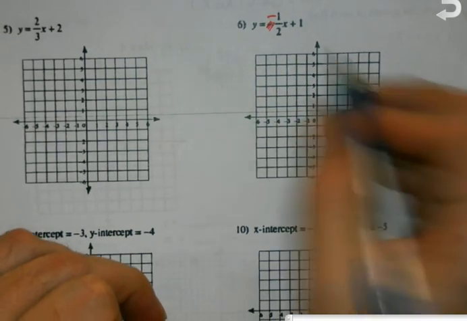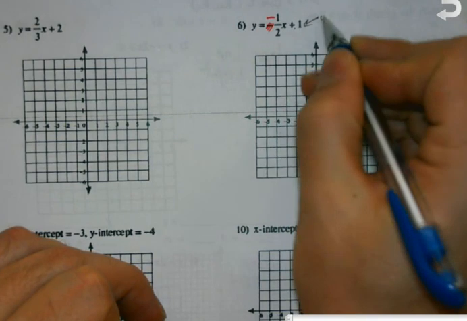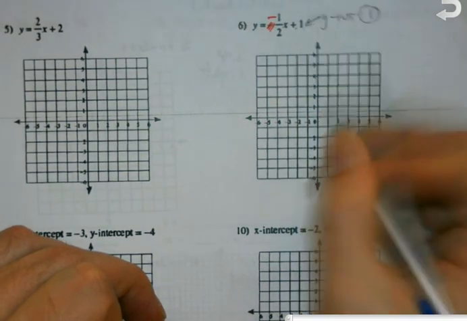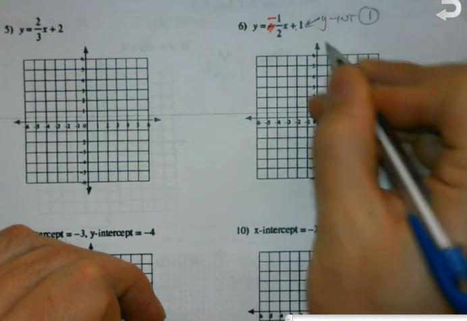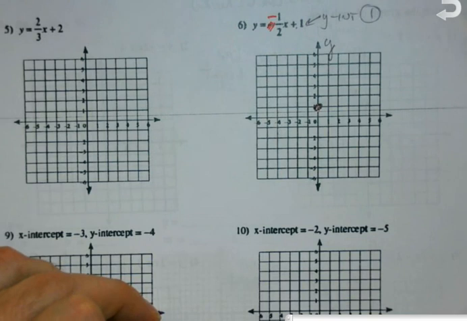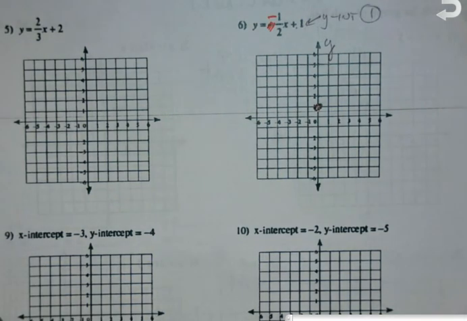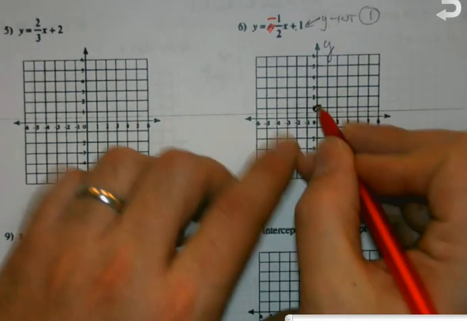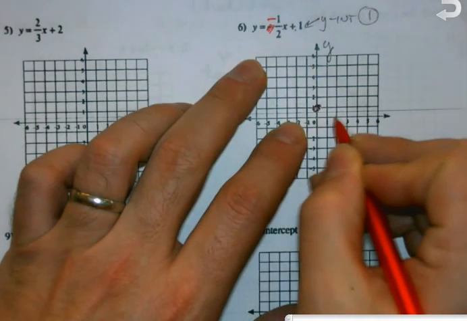Here my y-intercept is still at +1, so I go up 1 for that. There's my y. If I decided to put the negative on the 1, where would I be going for slope? Down 1, right 2.